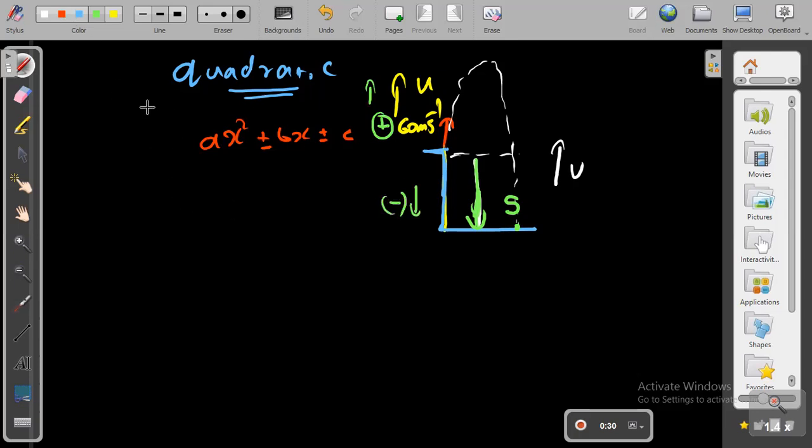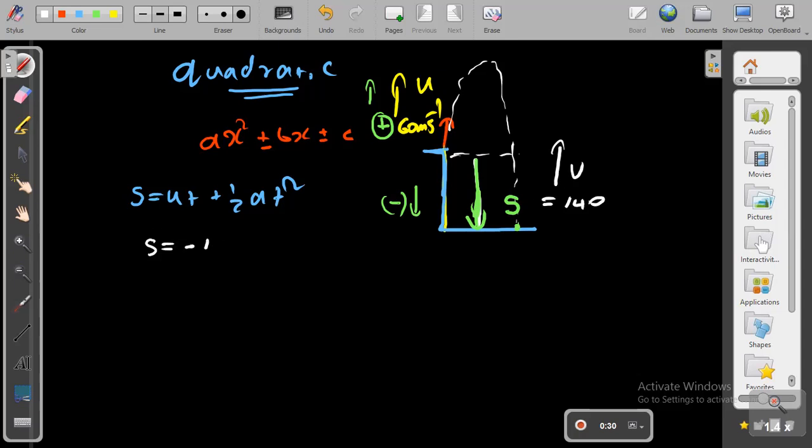Finally, you have to write an equation for finding the time. S equals ut plus half at squared is the equation you will have to apply. Here you know what S is: S equals minus 140 meters.